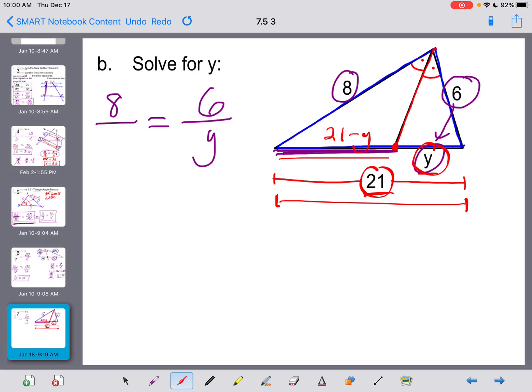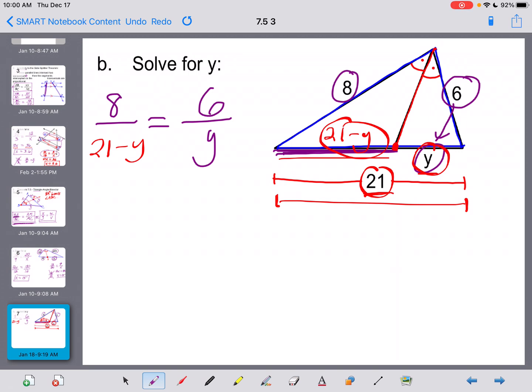You've got to start thinking of y, which is a variable, as a number, because that's what it is. This is the best that we can do for the length of that bottom left side: 21 minus y. That's one that takes a little bit of time to get used to.